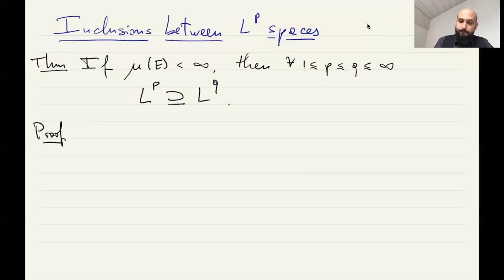So, let's consider first the case Q different than infinity. So also P is less than infinity.